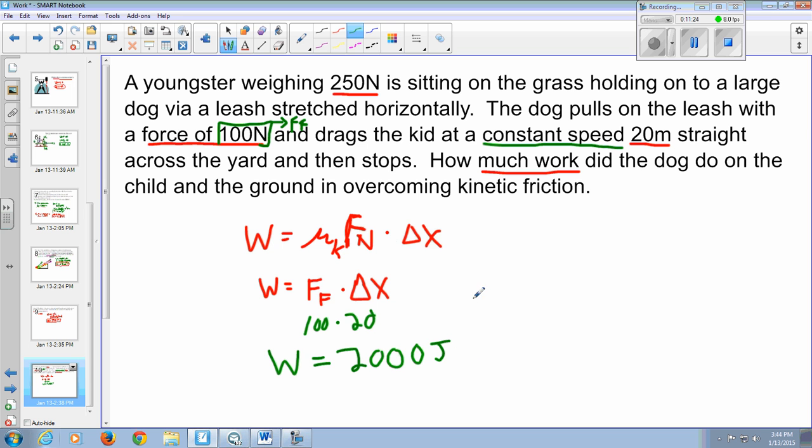Understand where joules comes from. It's newton, a unit of force, times a unit of distance, meter.